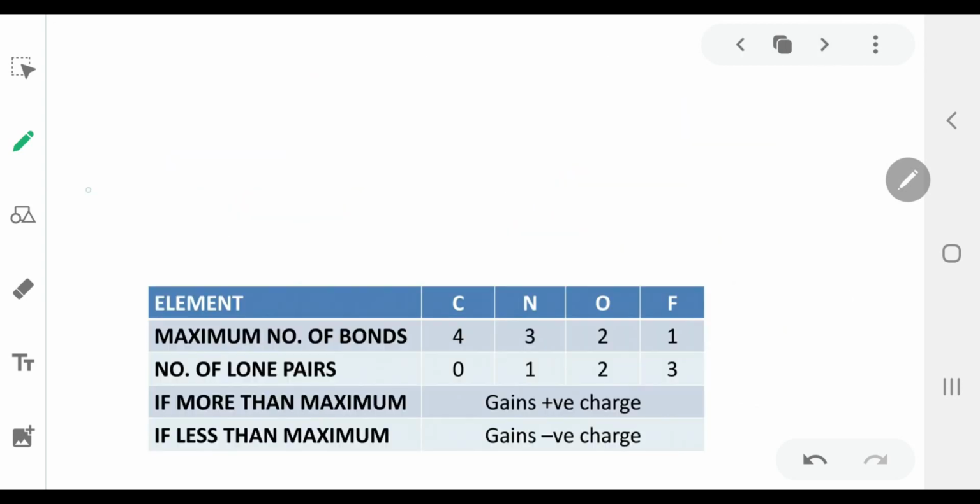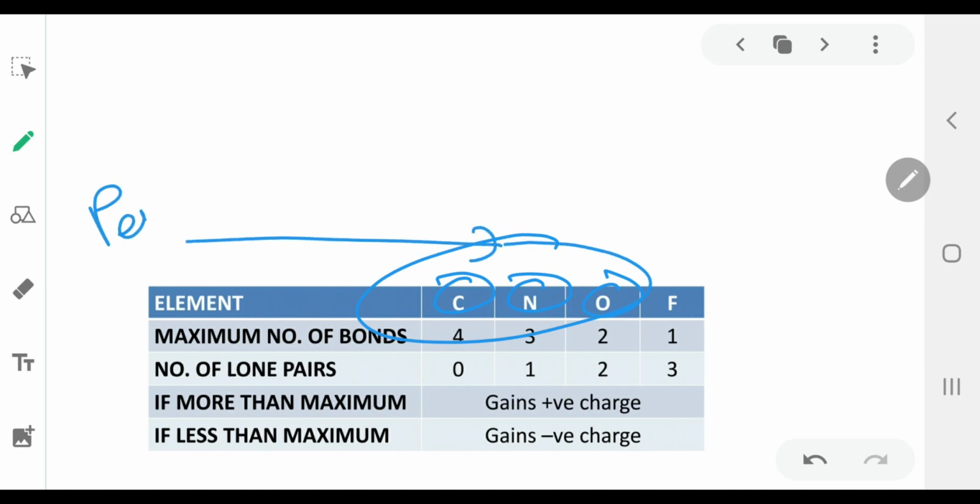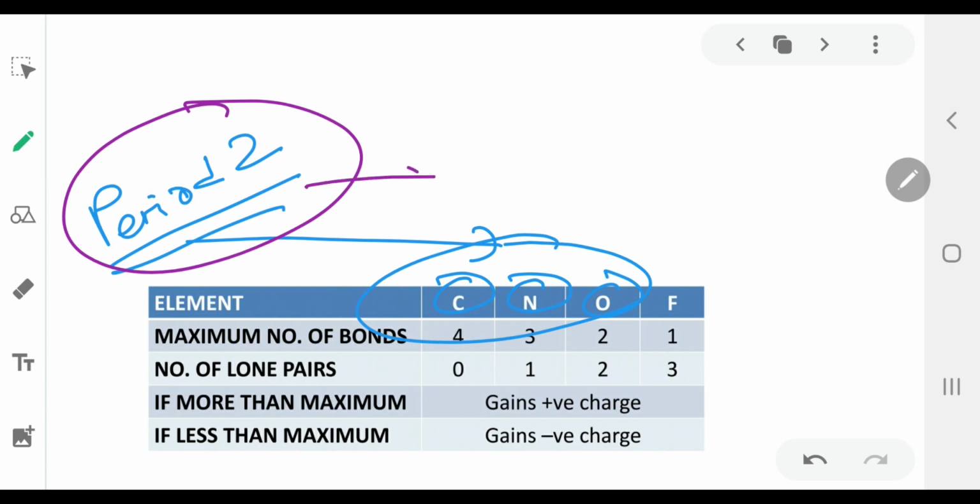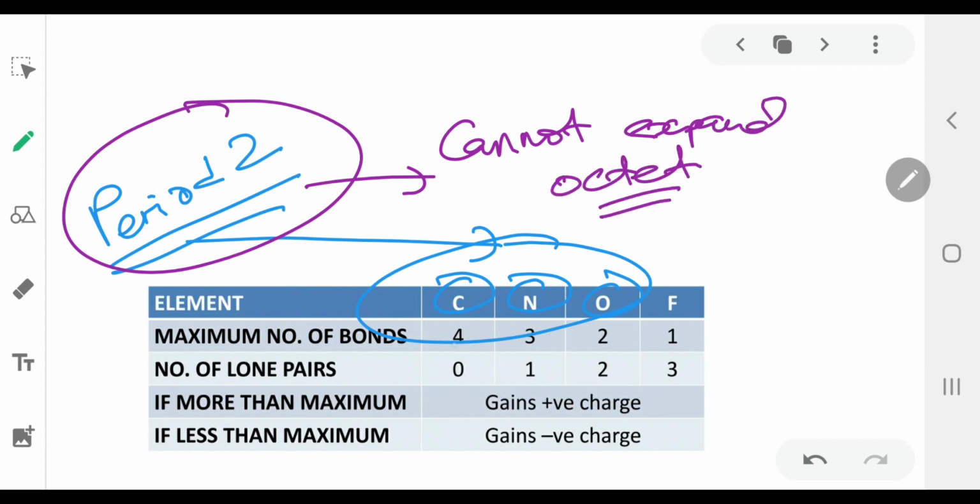Okay, so far we have looked at the examples for carbon, nitrogen, oxygen as the central atom, and these elements are from the second period. So when they are on the second period, they cannot expand the octet. That's why they have a maximum number of bonds: for carbon 4, for nitrogen 3 and it has 1 lone pair.